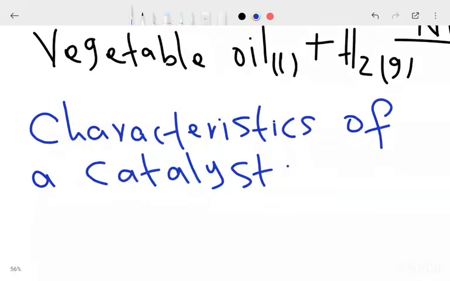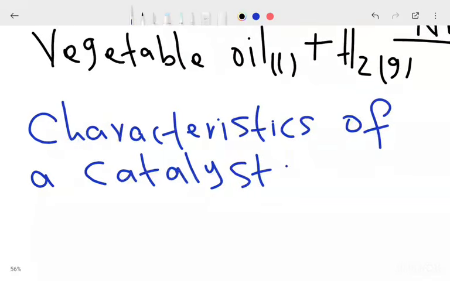All these are past questions. They will ask you which of the following is not a characteristic, or another word is feature, of a catalyst. So they can ask you which of the following is not a characteristic or which of the following is not a feature of a catalyst. So you have to know all the characteristics of a catalyst.